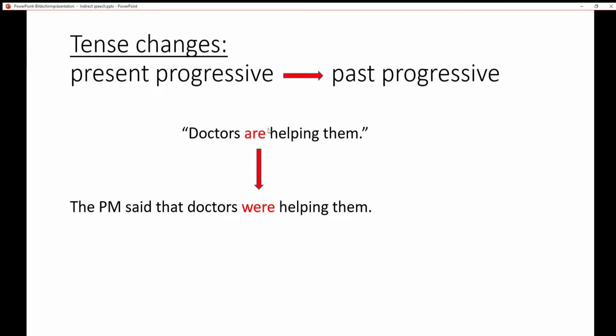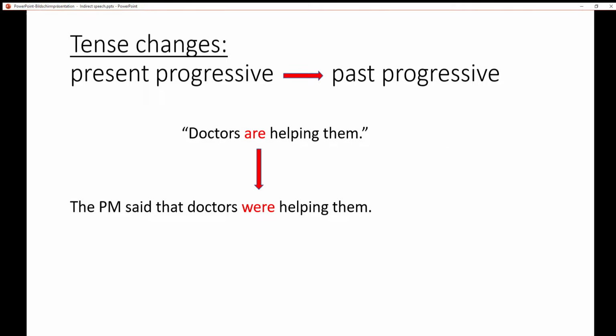So doctors are helping them, and you just change the present progressive in indirect speech to the past progressive. So from doctors are helping becomes the PM said that doctors were helping them. Really all you're doing is changing the simple present form of be into the simple past form of be, because the participle never changes. That's the thing about participles. They don't change.